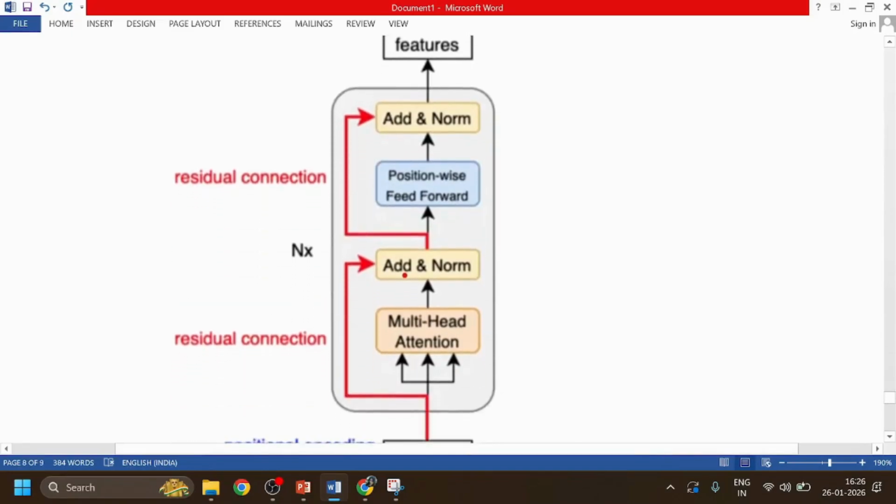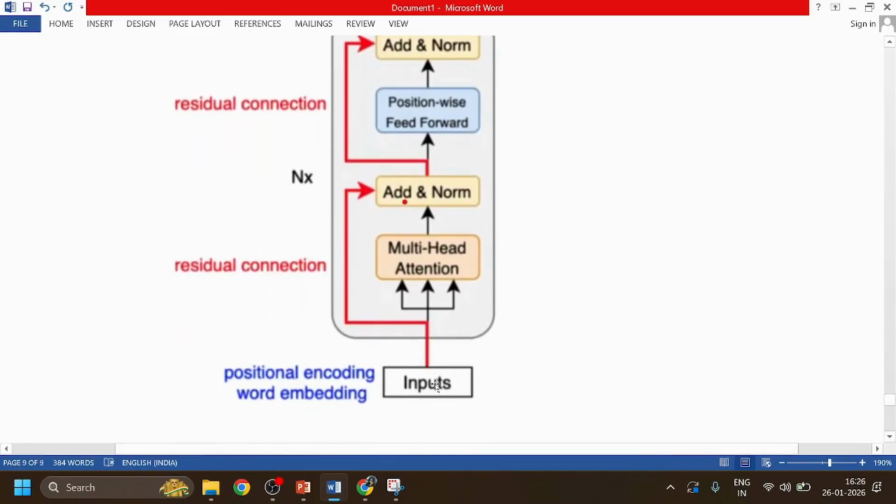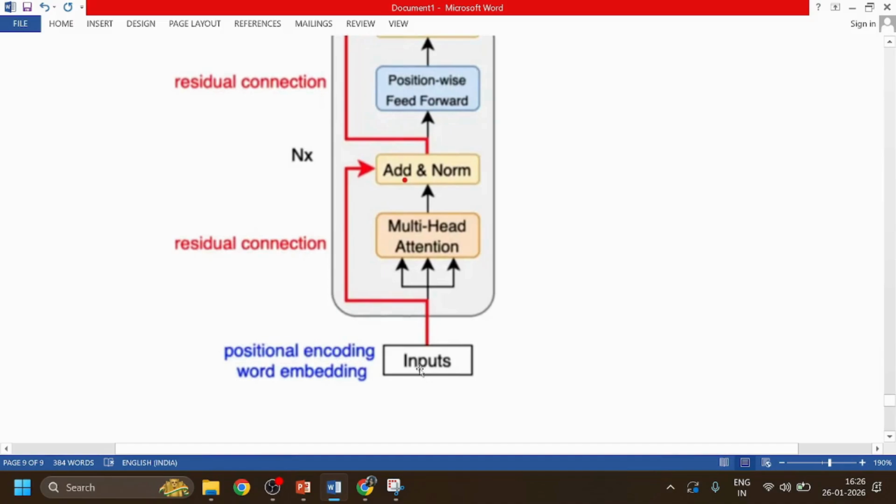Let's summarize the encoder block again. I'm going to provide you some summary. Here you can see this is the input: input embedding plus positional encoding. After this we pass it to multi-head attention, and here I add and normalize this layer.